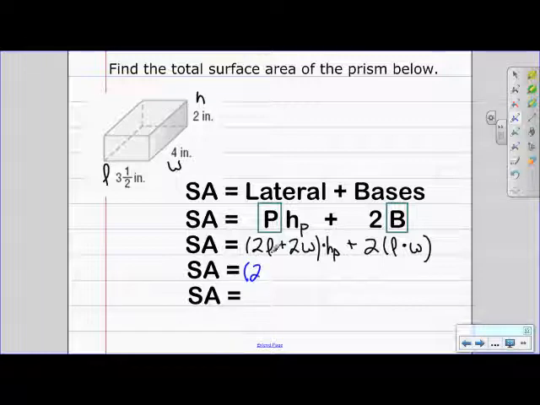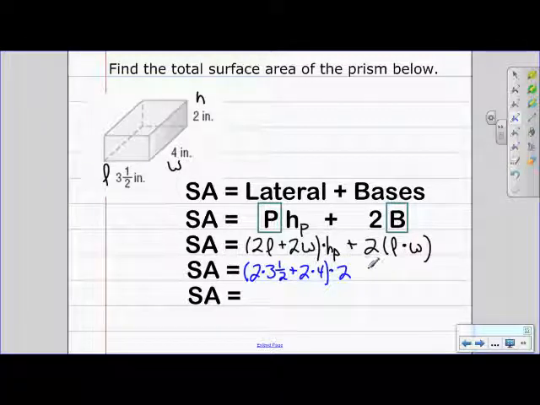So 2 times my length, 3 1/2, plus 2 times my width, and my width is 4, times the height of my prism, which is 2. You can see how labeling this ahead of time makes it so much easier.